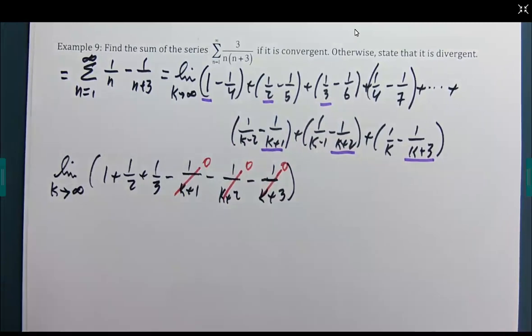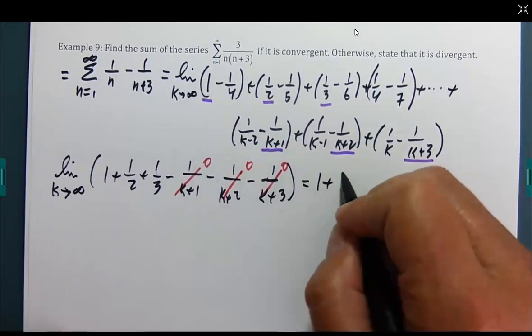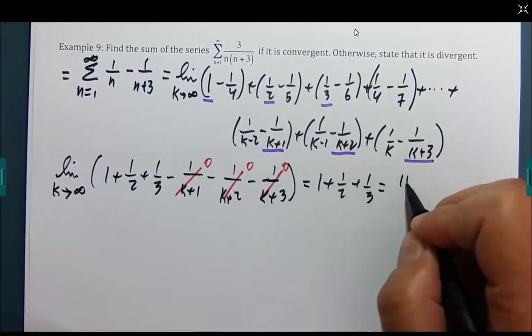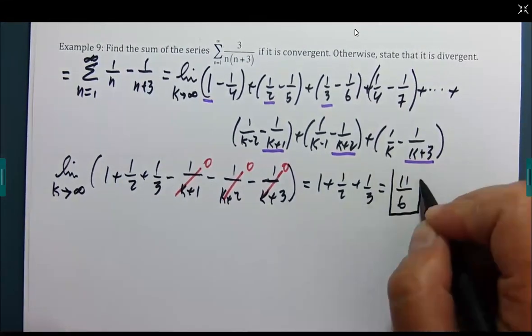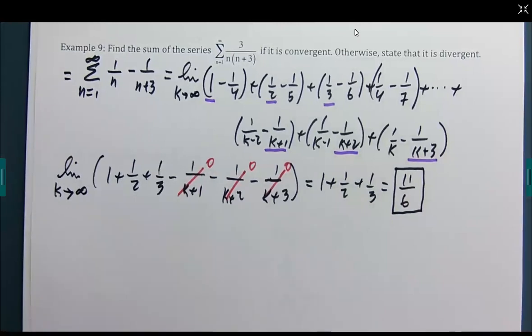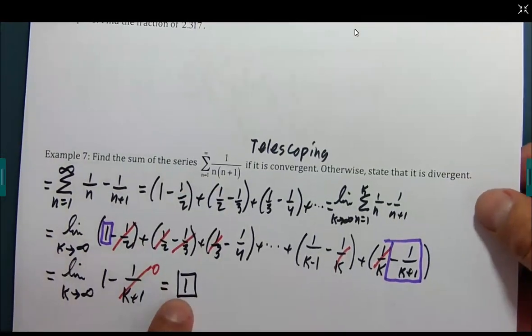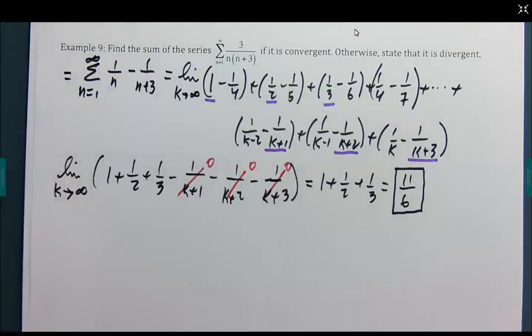When I add up 1 plus 1/2 plus 1/3, we get 11 over 6. All right. That brings us to, and by the way, I want to recall that this one exactly equals 1. I told you we were going to come back to that, and we are.